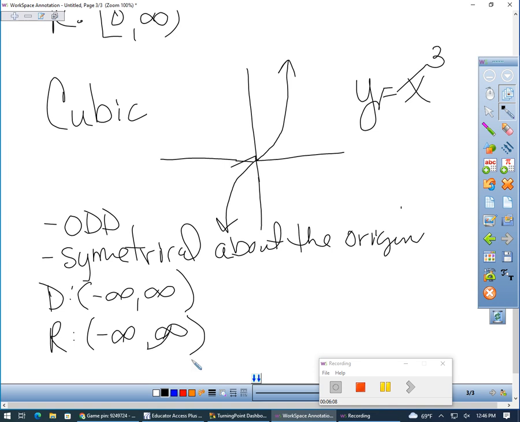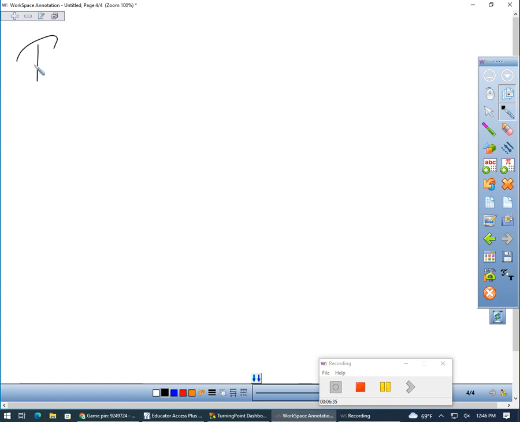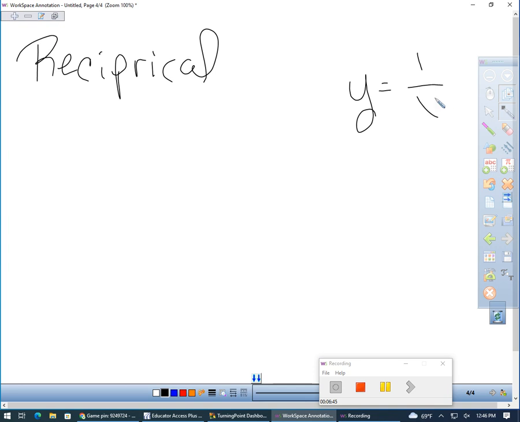All right, let's go to the next one. Let's go with the reciprocal function. The reciprocal function, which is y equals 1 over x, is a graph that looks similar to this.